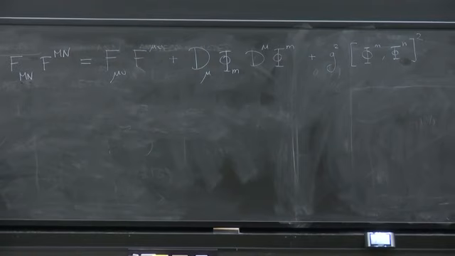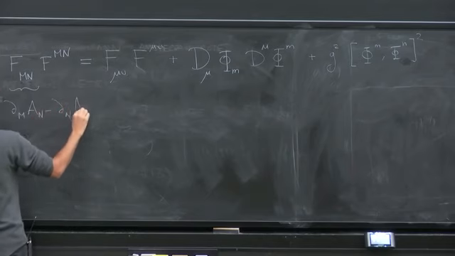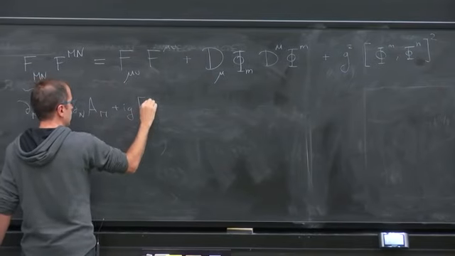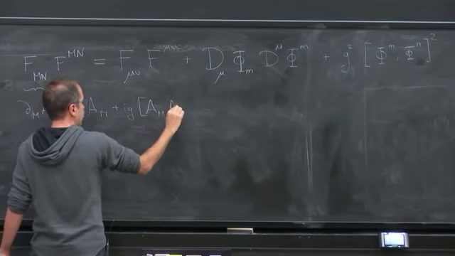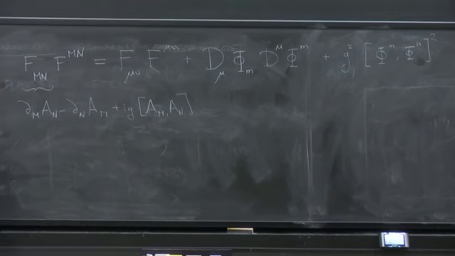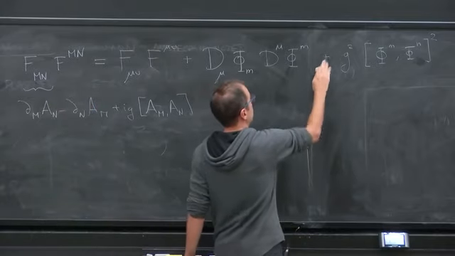So here we are using that F is just the usual thing: ∂_M A_N minus ∂_N A_M plus i g commutator of A_M, A_N. So when the indices are in the 6 dimensions, the derivative terms vanish and I get just a commutator squared. Maybe there is a minus sign, I don't know.